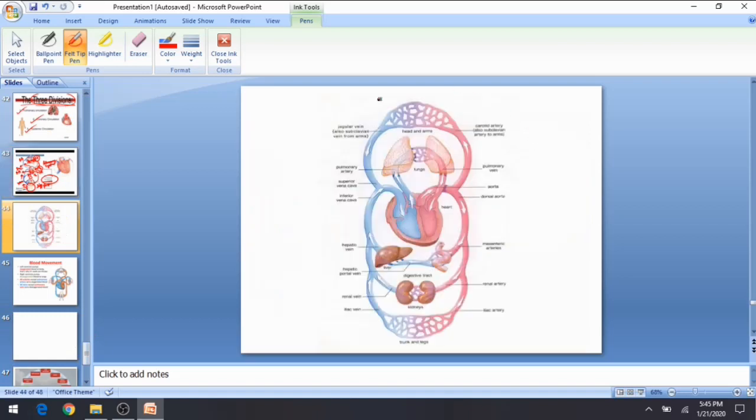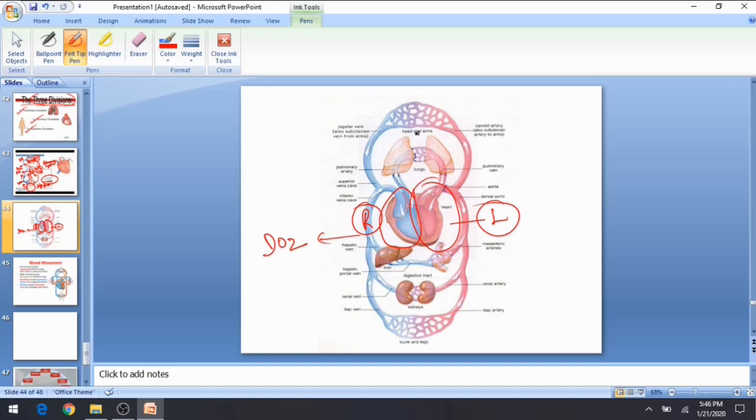So if you revise the diagram again, this is the right part and this is the left part of your heart. The blue channels consist of deoxygenated blood from different parts of the body, from the upper and lower parts.